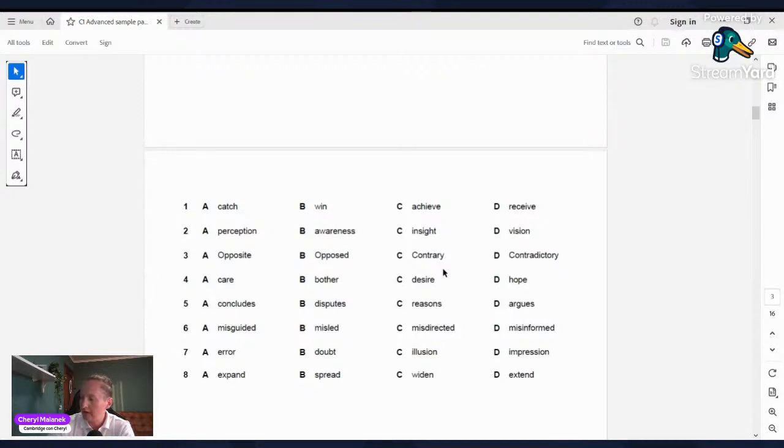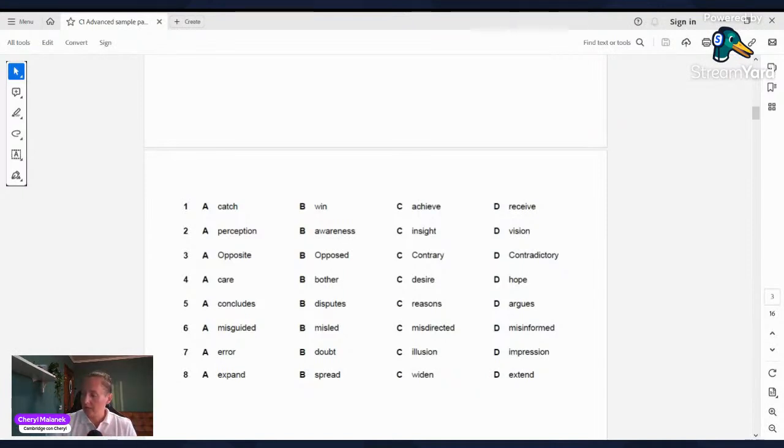The first thing that's important to know about this part is that it goes in as part of the reading exam, not use of English. Okay, so this is reading, not use of English. And you're going to get 1 point per answer here.